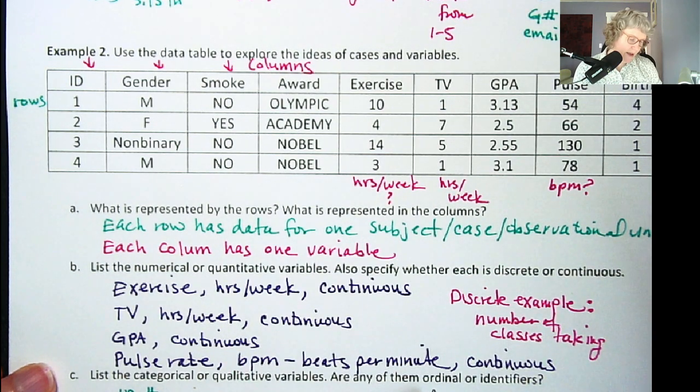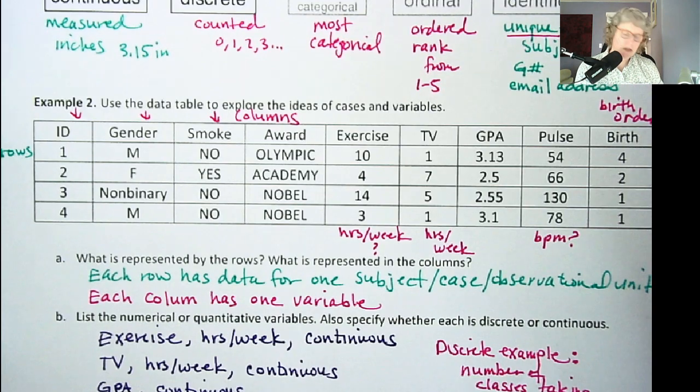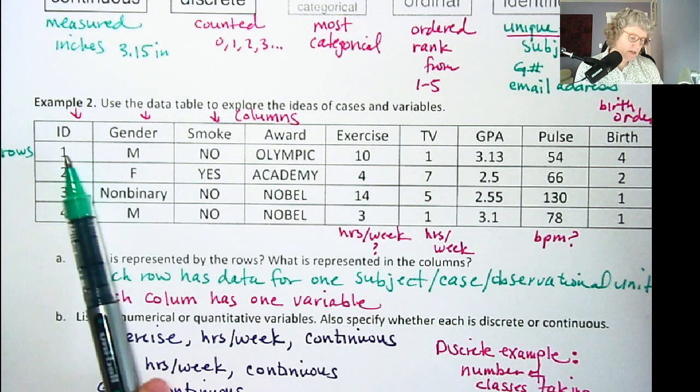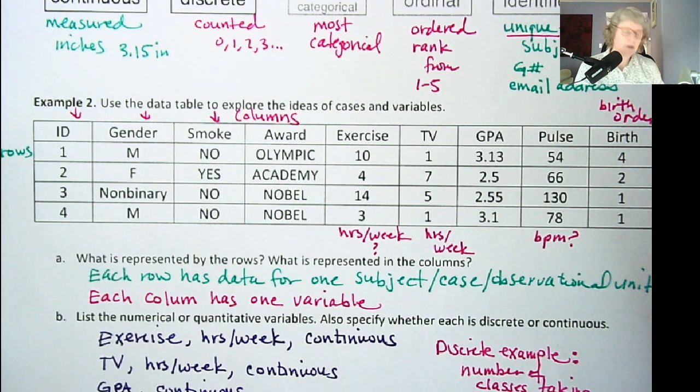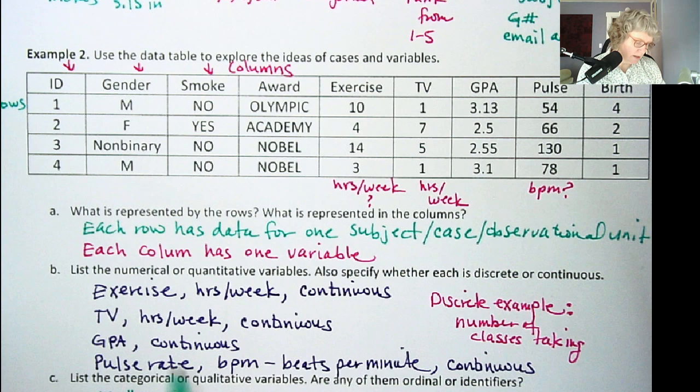Is that an ordinal or identifier? That is an identifier. It is unique to each subject. If we said we want to know about person number 3, we could identify who that person is. Sometimes it's a name. So this is an identifier.